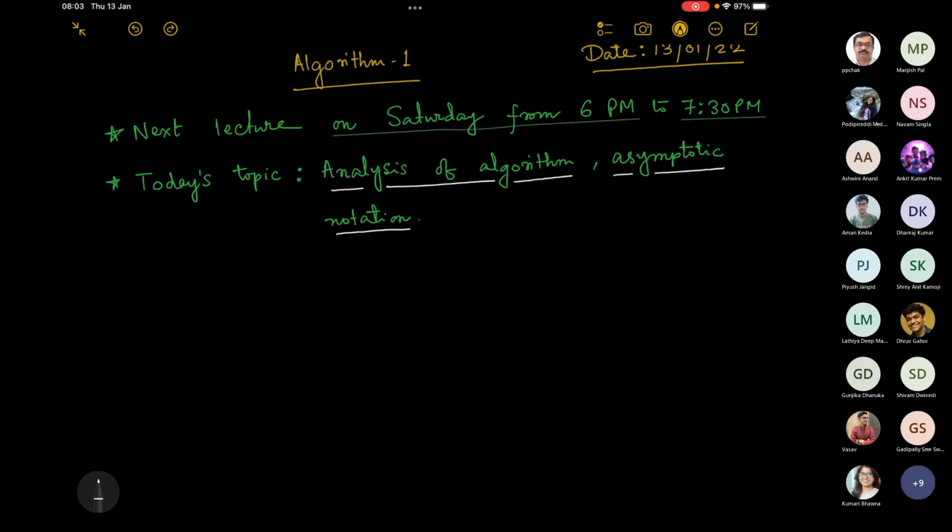Does it work for all inputs? These are again extremely important questions, and we will be pursuing this throughout this course. But that is also not the topic of today's discussion. We are going to the third step, which is analysis of algorithm. We have a problem, we have designed an algorithm, we have proved that this algorithm is correct. Now we are at a stage where we are studying the performance of the algorithm.